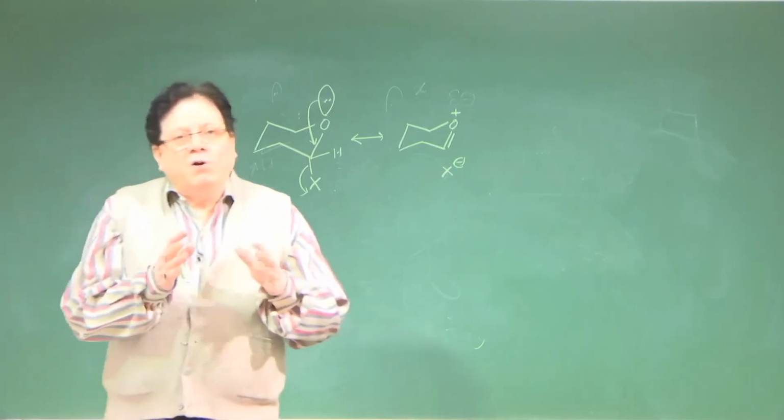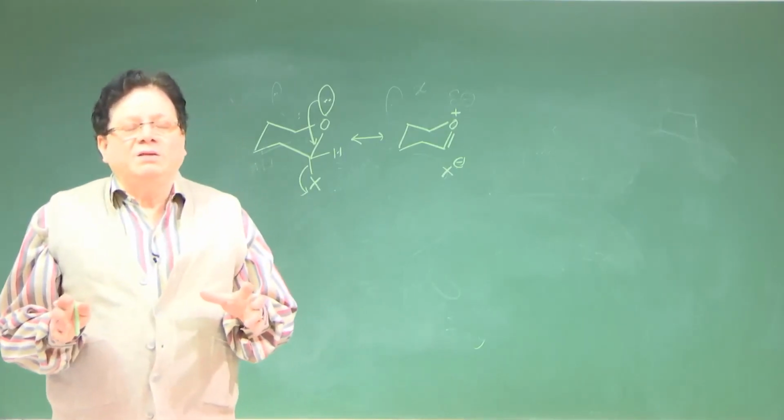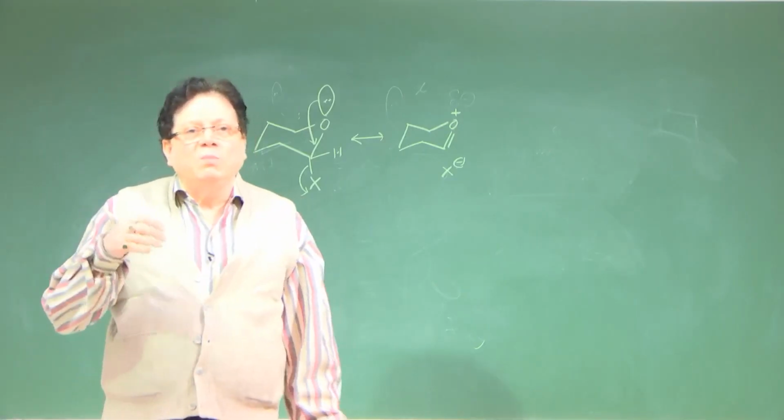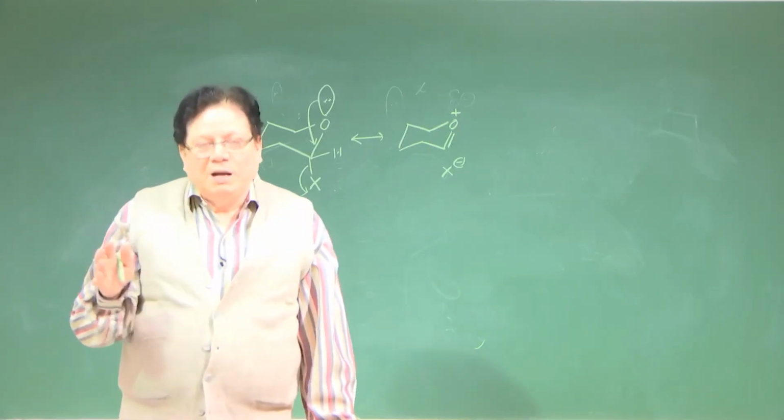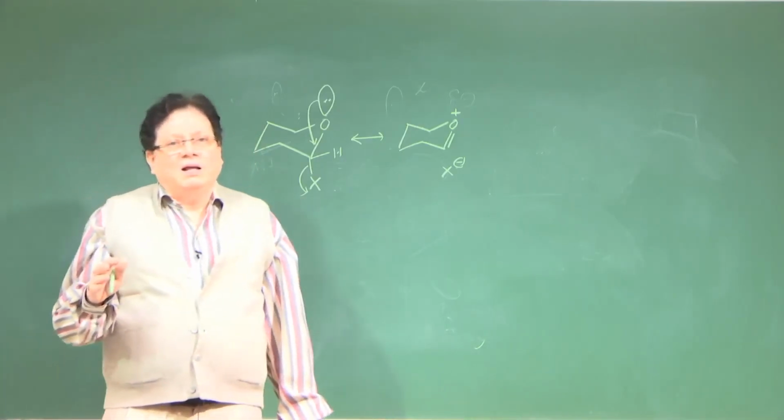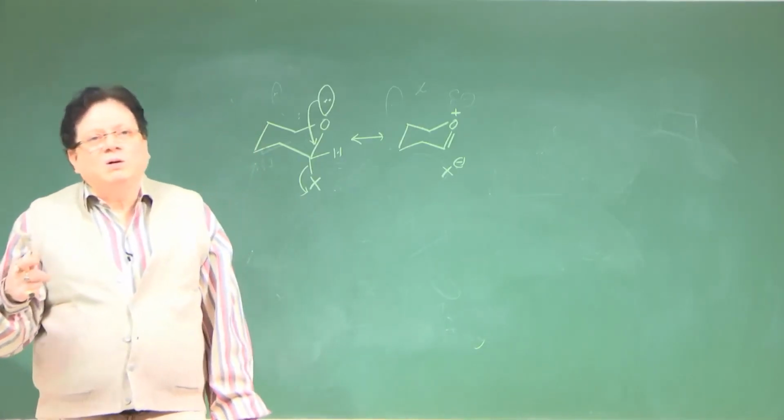That means the orbital takes up a position in 3-dimensional space in order to minimize the repulsion between the electrons. Okay. That is when you are talking about the conformation.